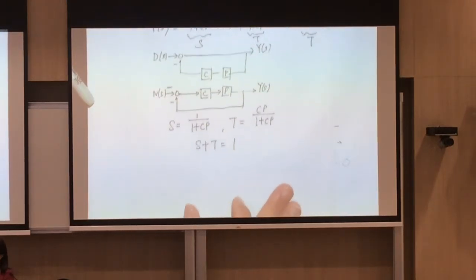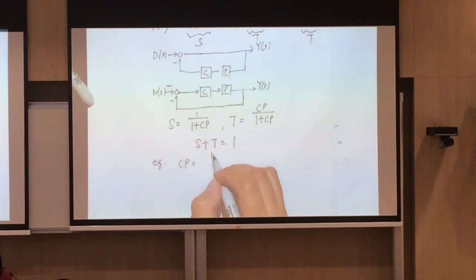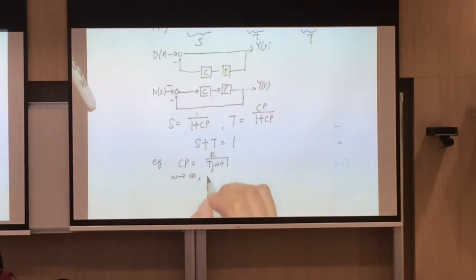So let's say, for example, CP is K over j omega plus 1. It is a first order system. What will happen if omega tends to infinity? For CP, it tends to 0, because omega is infinite.